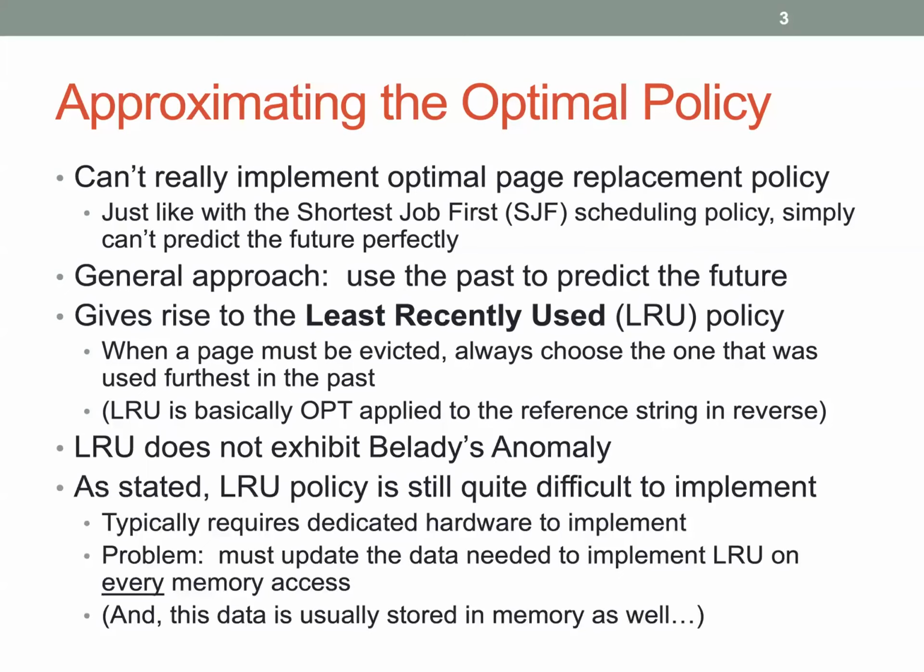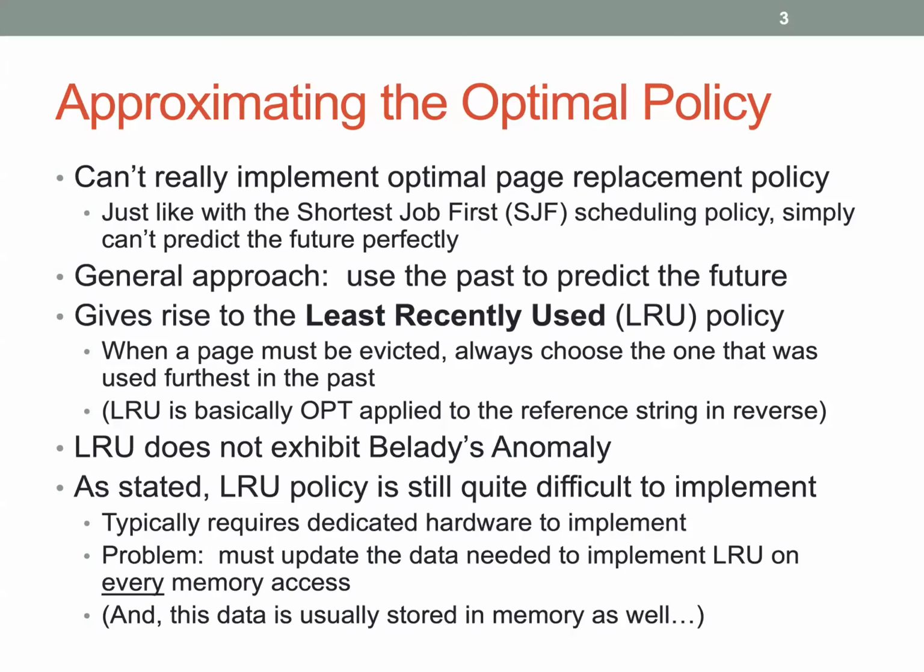There are a couple of problems with LRU, though. One of them I mentioned on the slide, and we'll discuss right away. Another one we won't talk about until toward the end of this discussion. LRU is difficult to implement mainly because hardware is really limited and unforgiving in these kinds of contexts.